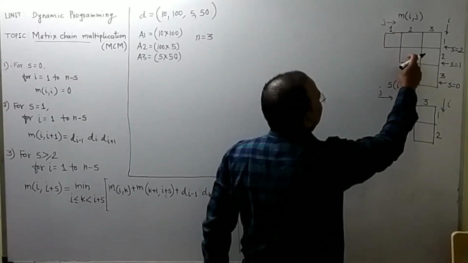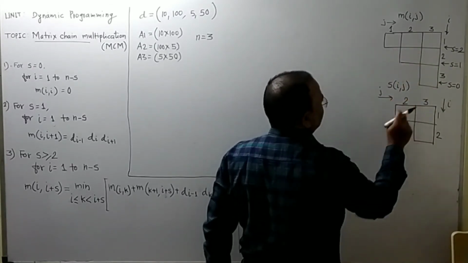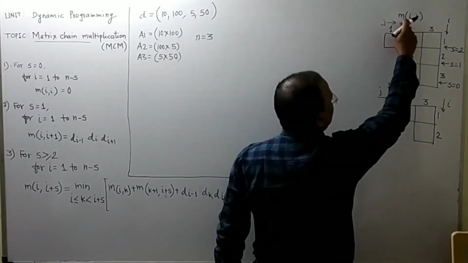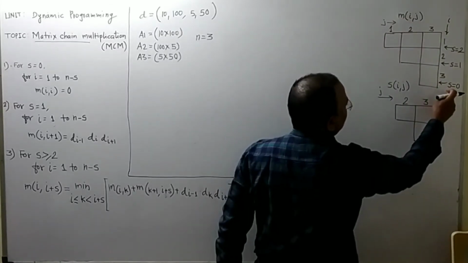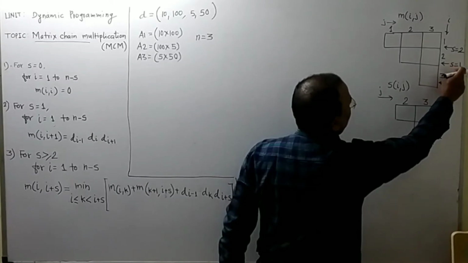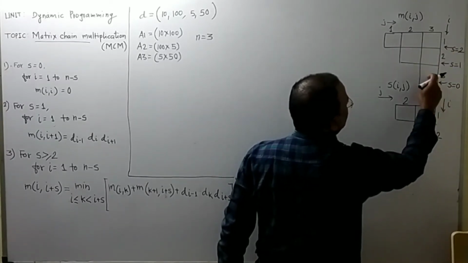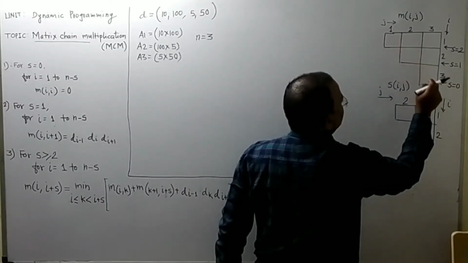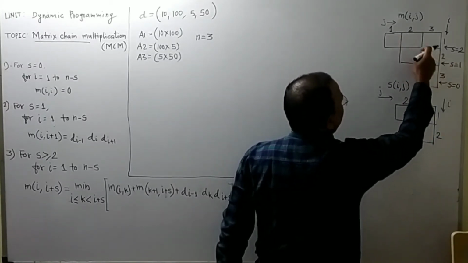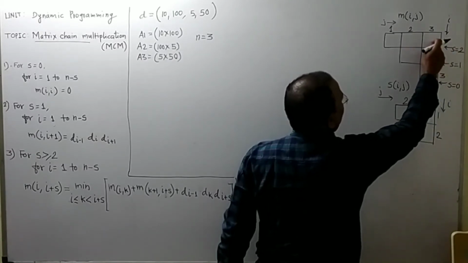First we have to fill up the M table, and corresponding to that we fill up the S table. In the M table there are diagonals: s is equal to 0, s is equal to 1, s is equal to 2. In s is equal to 0, there are 3 cells. s is equal to 1, there are 2 cells. s is equal to 2, there is 1 cell.